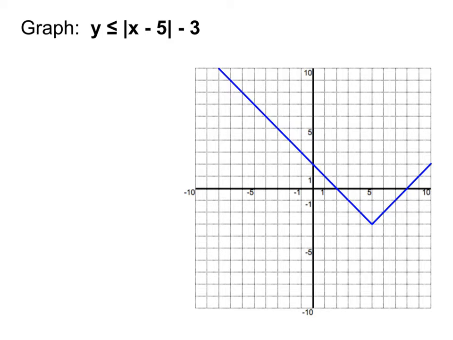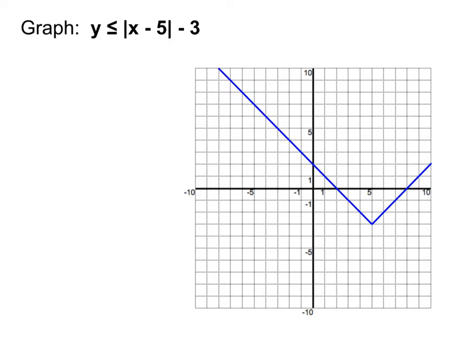Well, whenever we graph an inequality like this, we need to be able to figure out basically which side of the graph I'm going to be shading on. And so as an early way to be able to tell here, we know that it has to be everything either on one side of the graph or on the other.